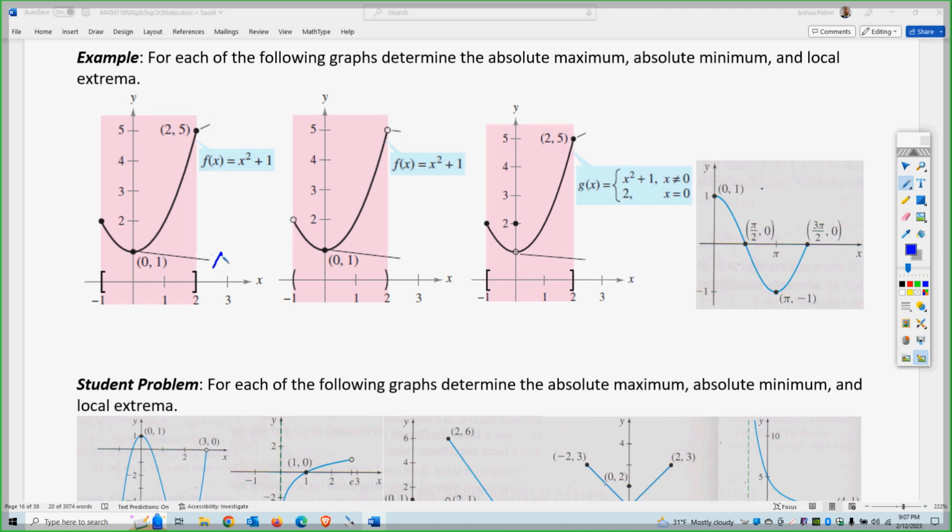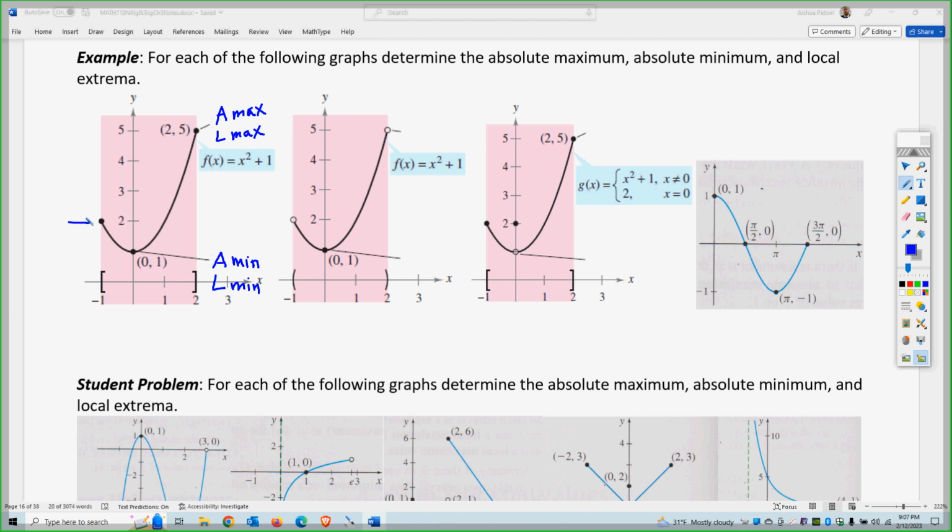This is an absolute min, okay? It's also a local min, right? This is an absolute max, and this is also a local max, okay?